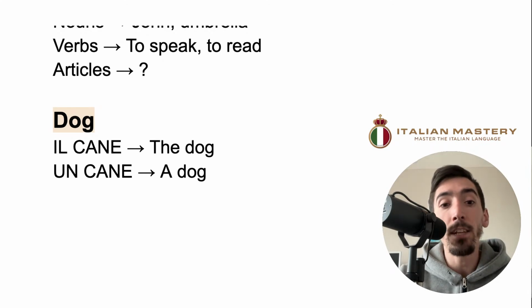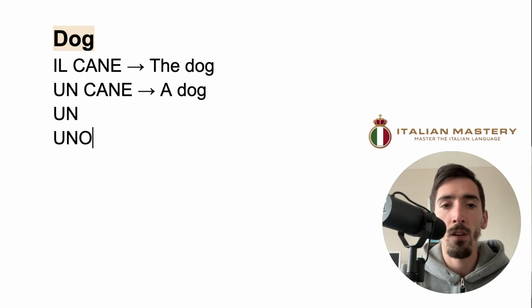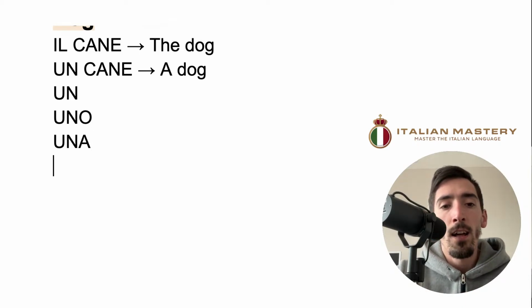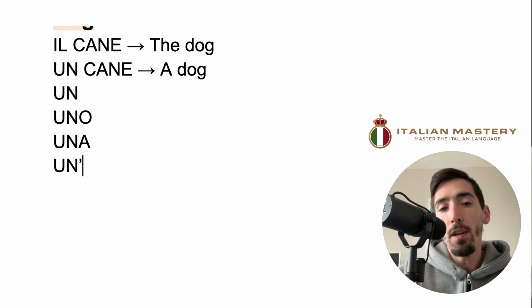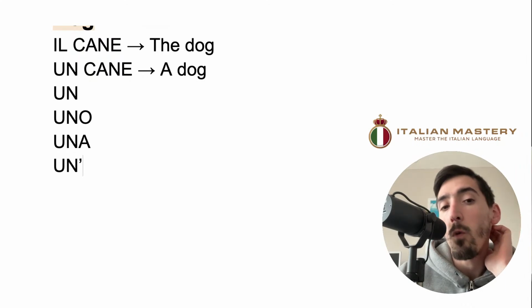However, in Italian, you do have different types. You have un, you have uno, you have una, obviously based on gender, un, and then the apostrophe, and we can talk about this. So this is what we're dealing with.